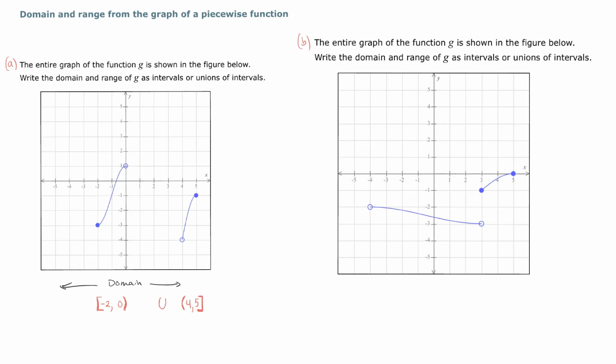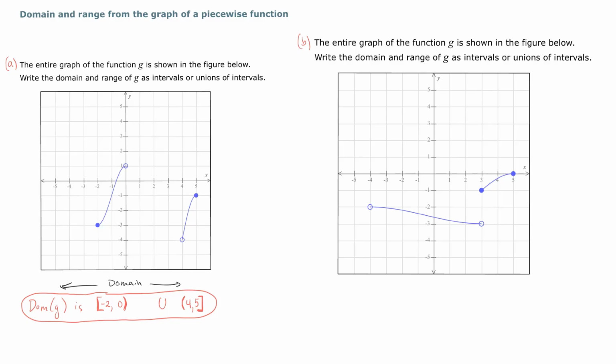So the domain is the set of all x values that are on your function. So that is the domain of G. Let me write that. The domain of G is this union of intervals.